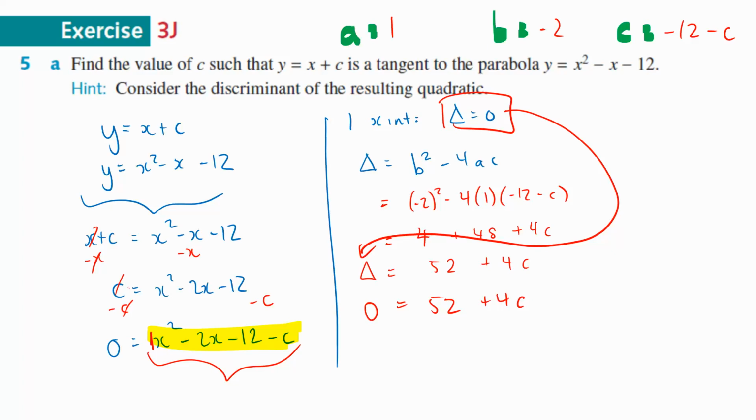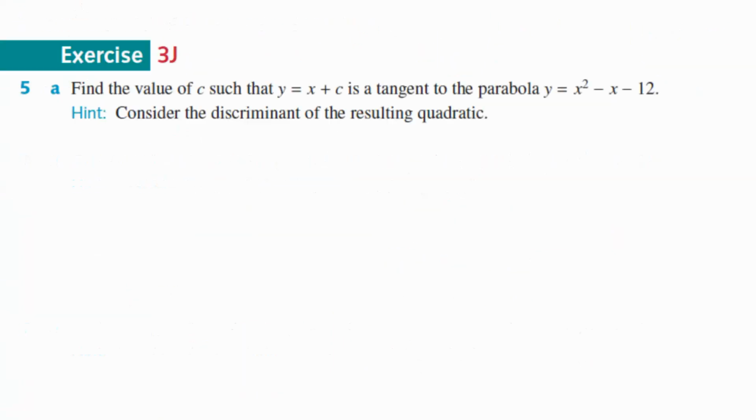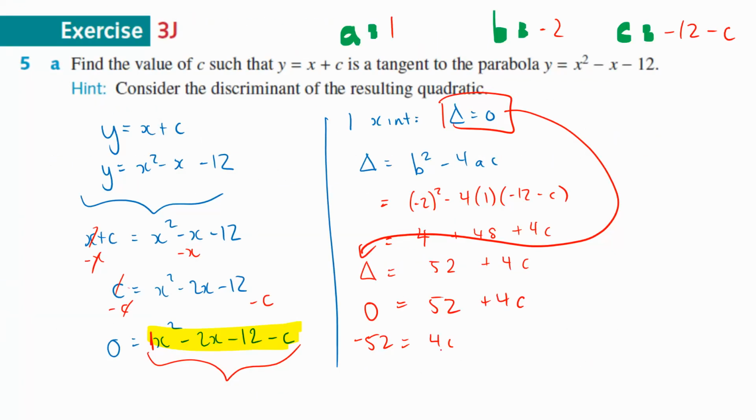You're solving for it now. Minus 52 on both sides. Is 4c, and therefore c, 52 divided by 4, which is? 13. Negative 13. So what does that mean? You just figured out c, because that's what the question asked.